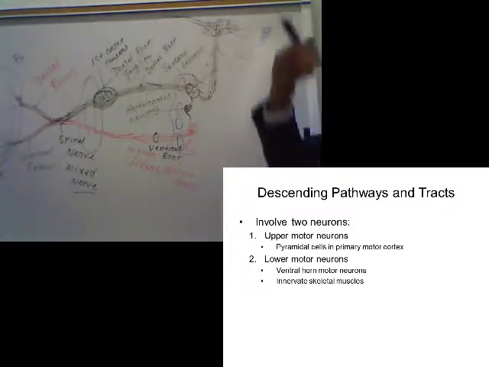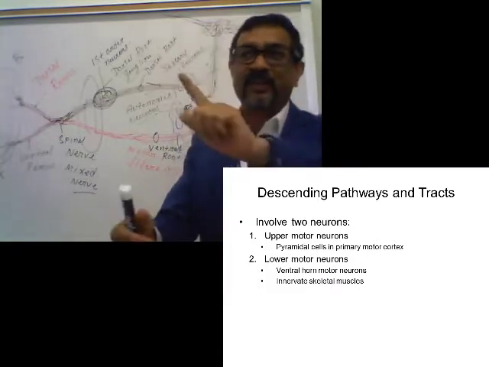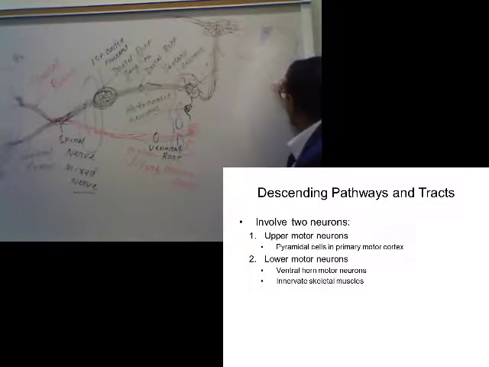We know motor goes down from the brain. So we are looking from the brain to the muscle, downwards. Upper motor neurons. This is the first set of neurons. Where? In the cerebral cortex. This is the cortex in the brain.